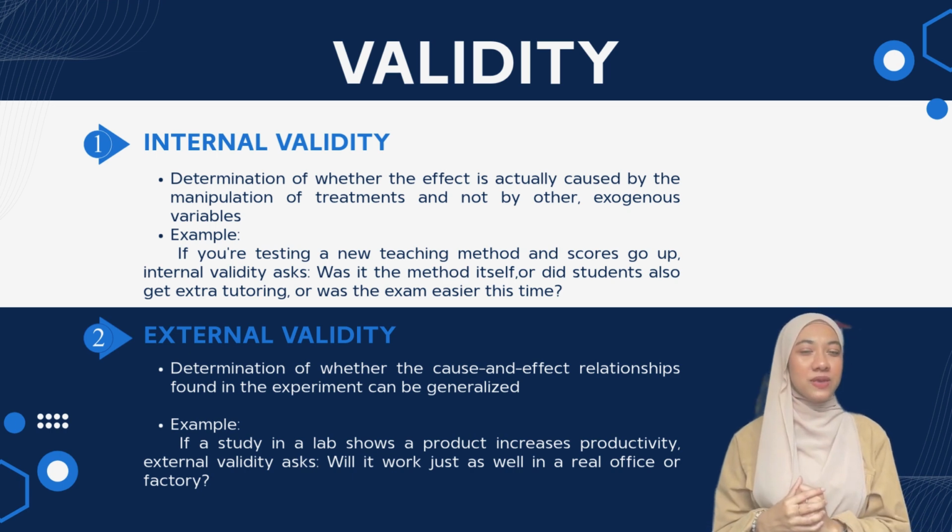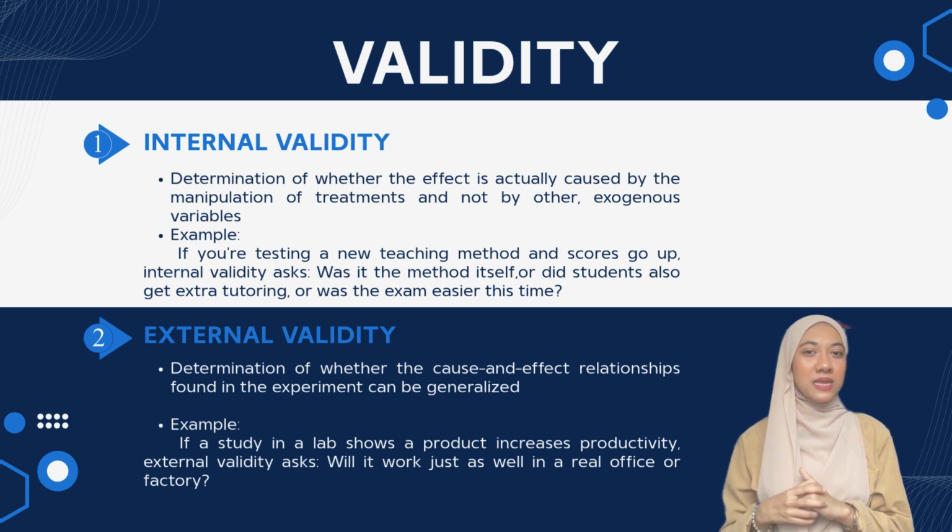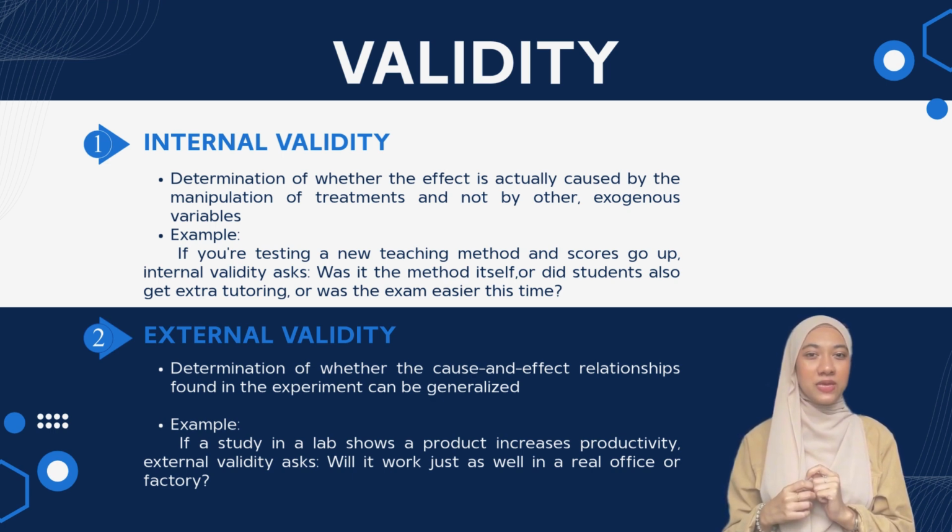There are two major types of validity. First is internal validity. It determines whether the effect is actually caused by the manipulation of treatments and not by other exogenous variables. Internal validity refers to the extent to which you can confidently say that the independent variable, which is the treatment, causes the change in the dependent variable, which is the outcome.